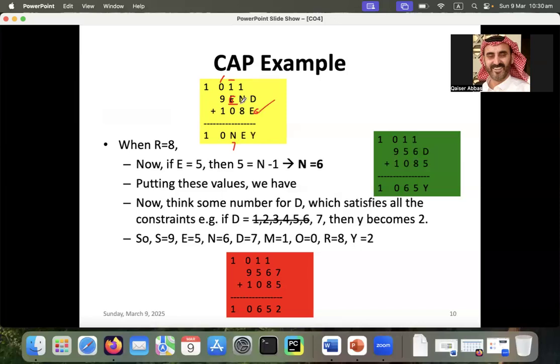Now think for this N. What is left? 7 is left. So I will check again. When this is 6 plus 1, 7, so you are getting also 7 for this N. So it means now your N is what? 7. Okay. So then what? 7 plus 1, 8, plus this 8, 16.